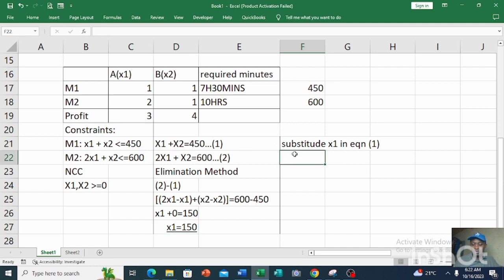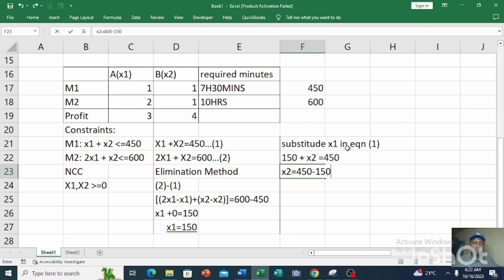So we are going to now have 150 plus x2 should be equal to 450. So x2 will be equal to 450 take away 150.